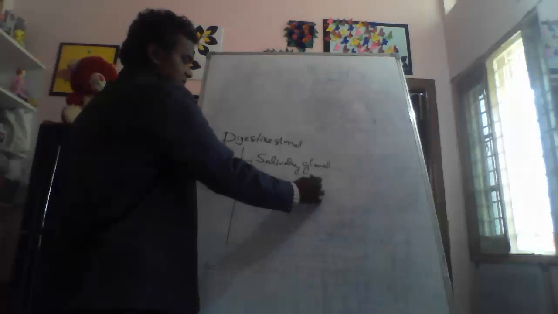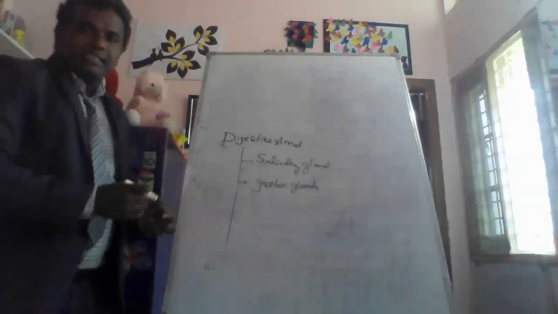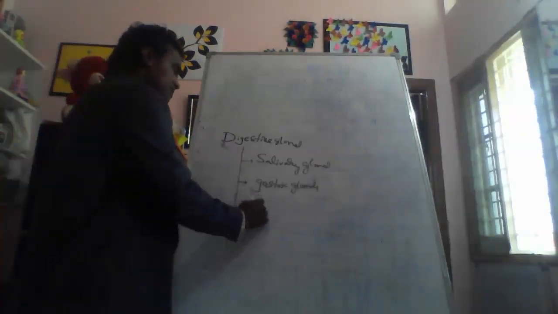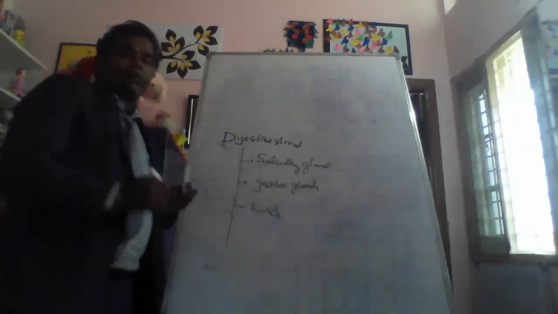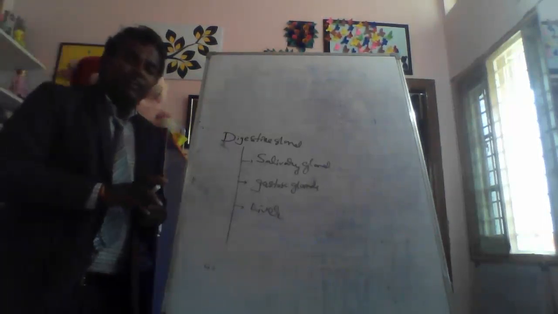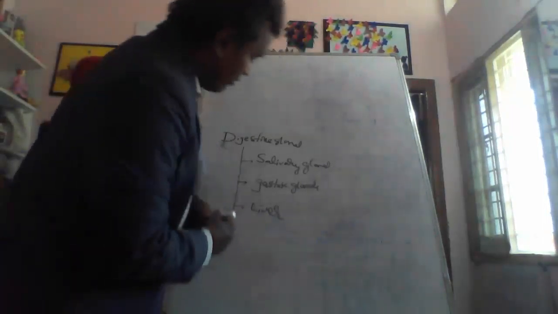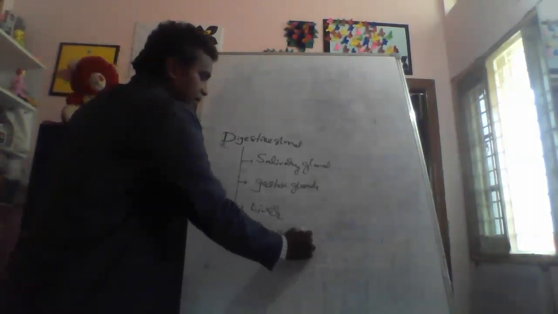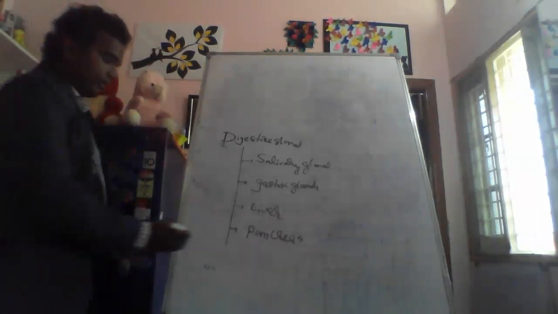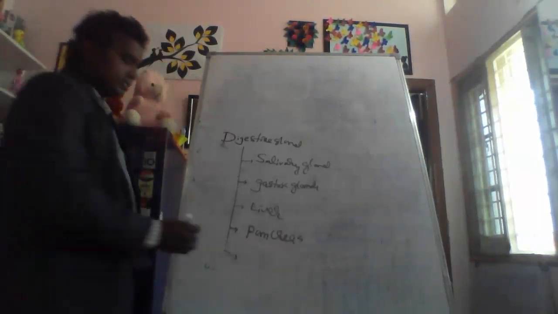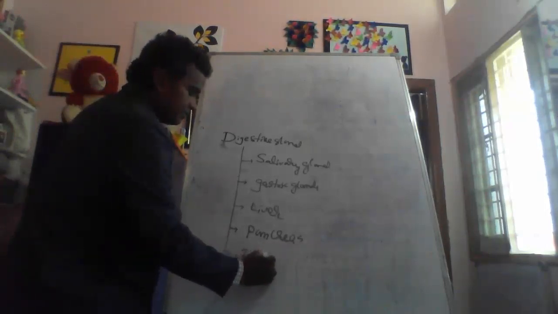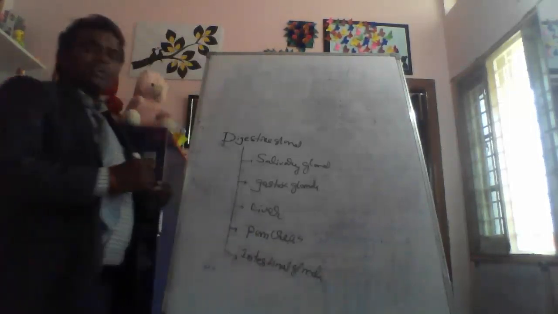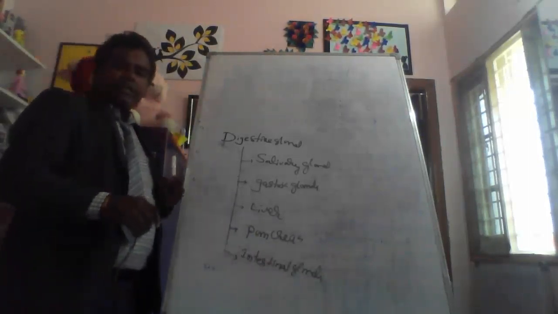Number three, liver; we already discussed the liver. The fourth one, pancreas. The fifth one, intestinal glands. Today we are discussing the remaining ones; yesterday we already completed the earlier ones.